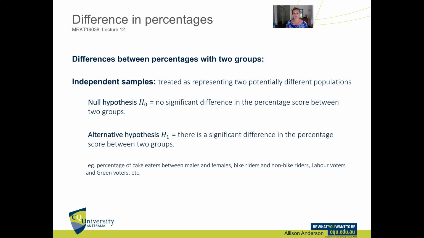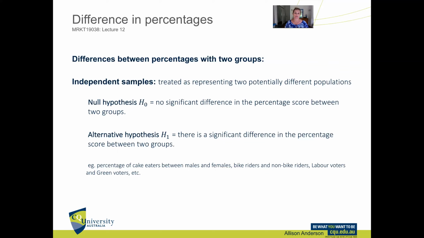For example, percentage of cake eaters between males and females, bike riders and non-bike riders, Labor voters and Green voters. So they're different types of things that you might find really interesting or important for some reason. Possibly not cake eaters, but you never know. Could go either way.